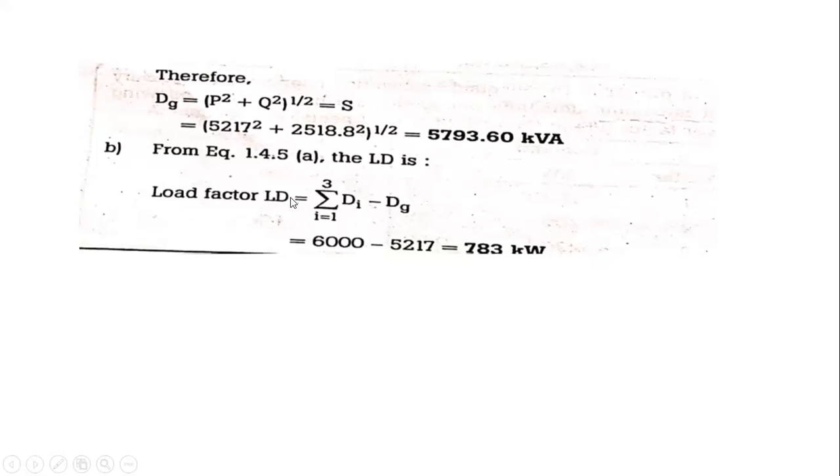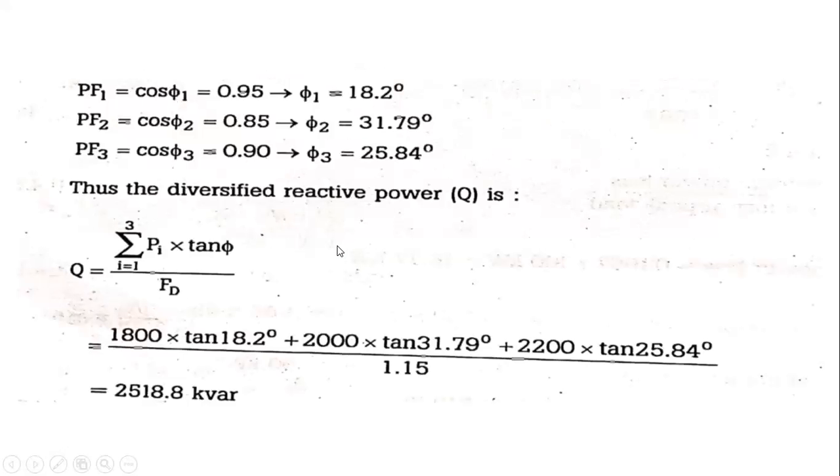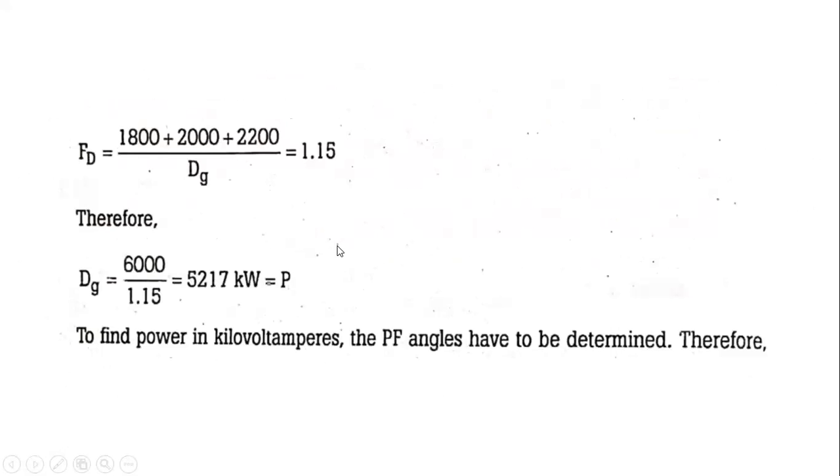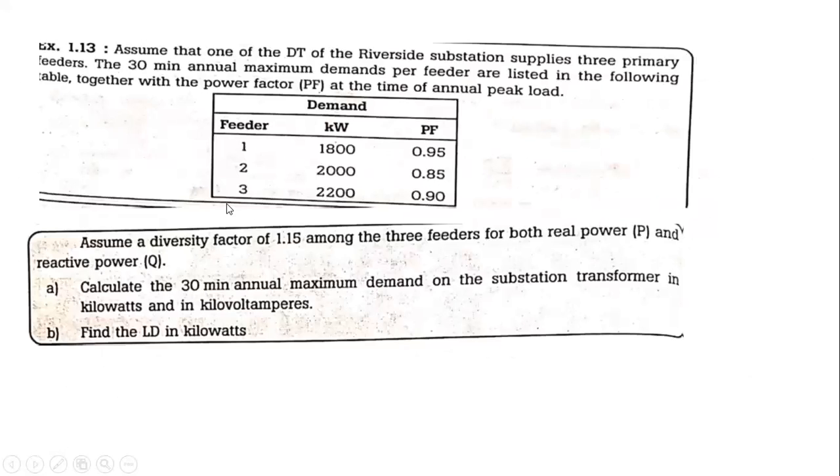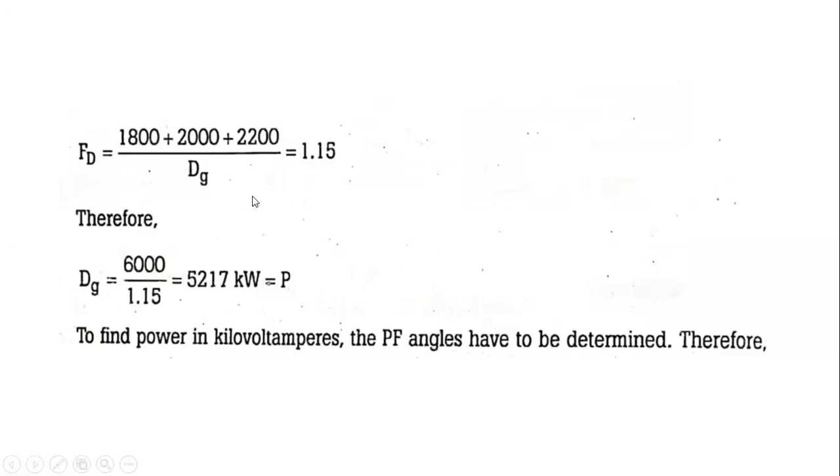Next, the load factor is equal to sigma i equal to 1 to 3 Di minus DG. What is meant by Di? Di is 1800 plus 2000 plus 2200, that is equal to 6000.